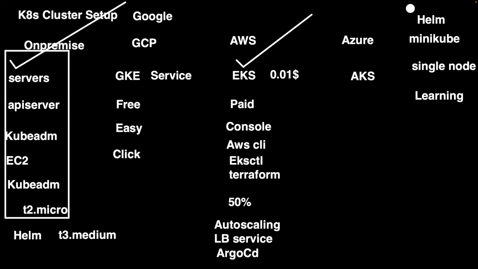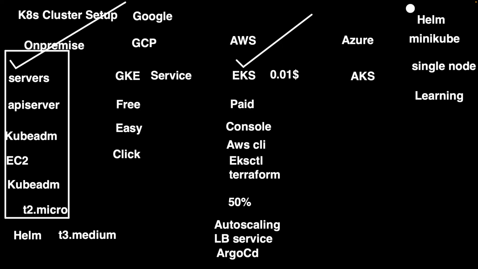Ma'am, query. Yes, please. Out of these three, which is the most reasonable for practice purposes? Let's suppose we want to deploy an entire CI/CD with some small program, not big, just like the address book we have. Which will be a good one where we can do it? Minikube.